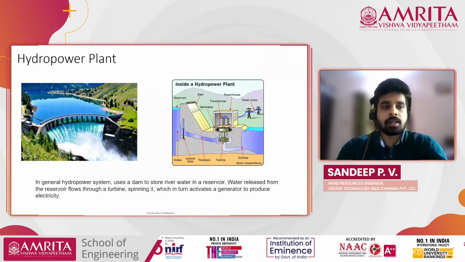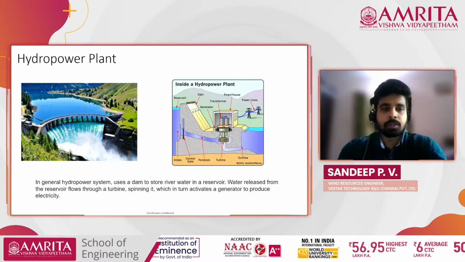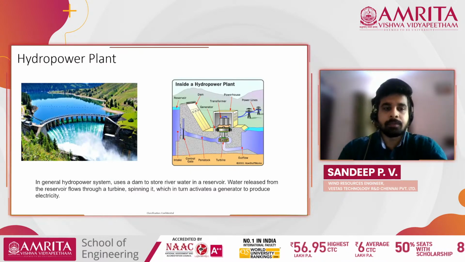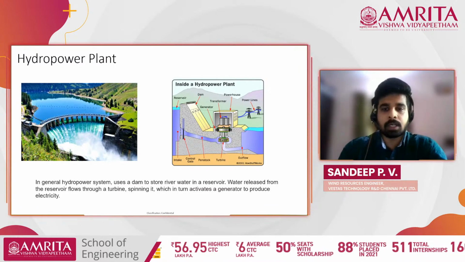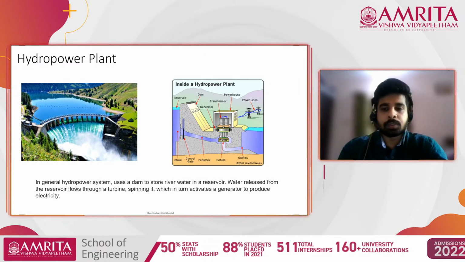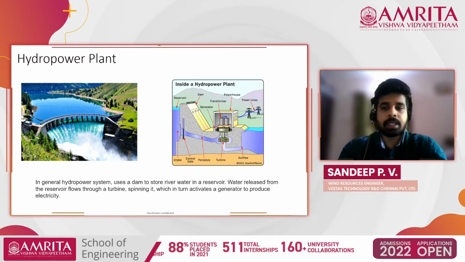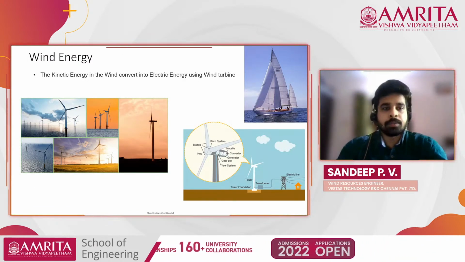Hydropower plants are very common in India. What we generally do is build a reservoir and store the water across a river, and we use that water to rotate the turbine and generate electricity. The next one is wind energy.